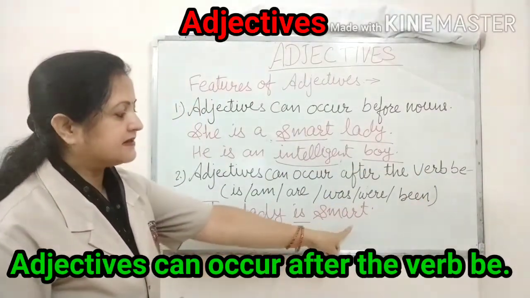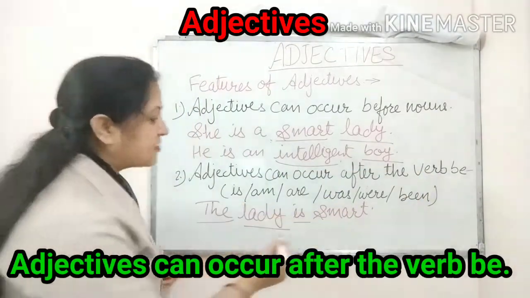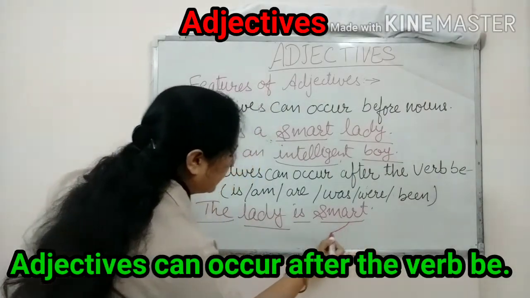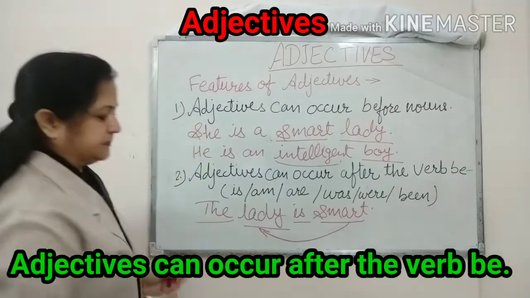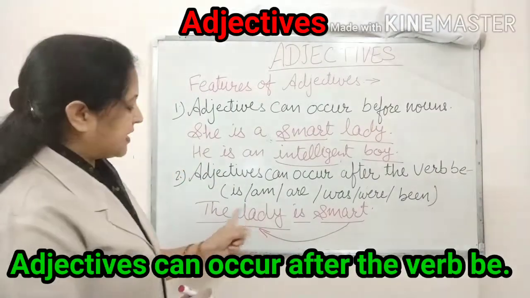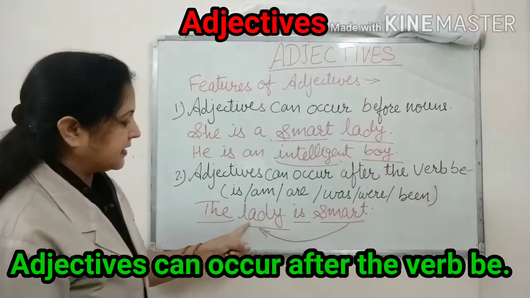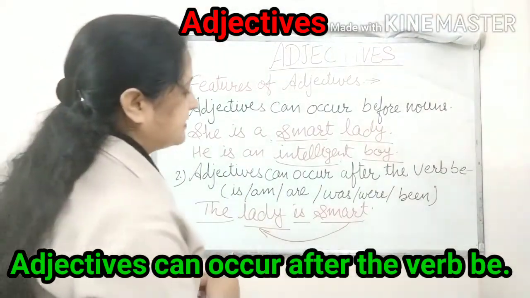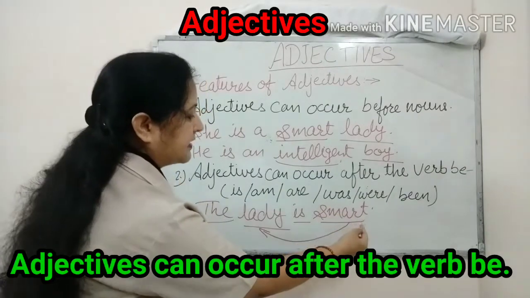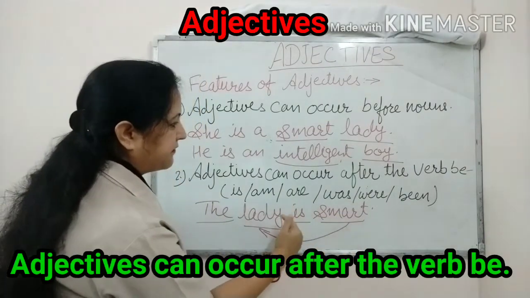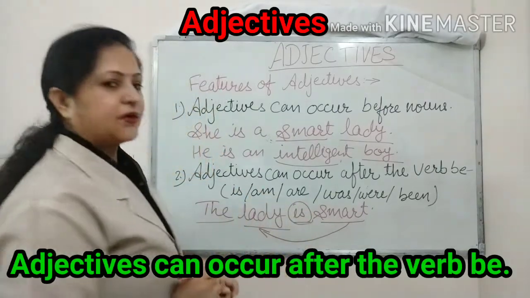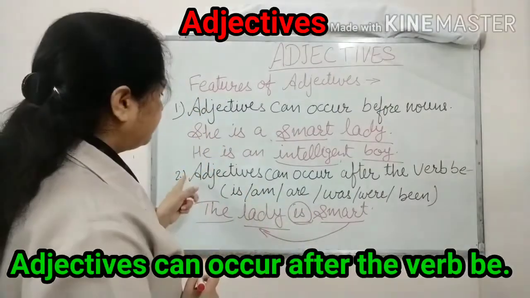After that, smart. Smart is the quality of the lady. Smart here describes the lady. And in this sentence we can see that the adjective smart comes just after the verb is.